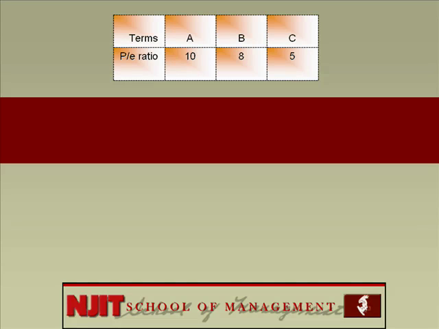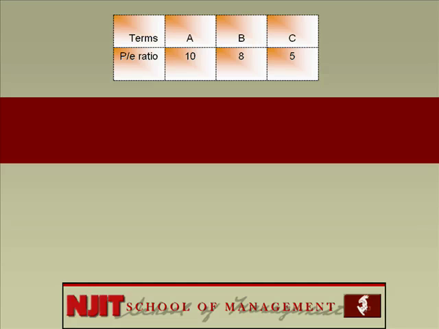For company A, it was 10, B 8, C 5. It would appear when you eyeball the data, C seemed to be bigger and appear to be more attractive.